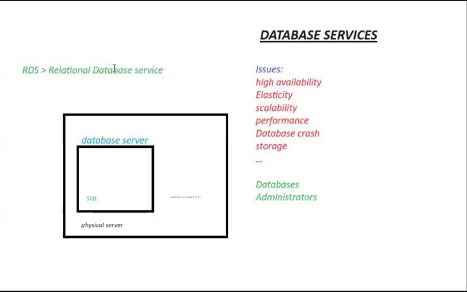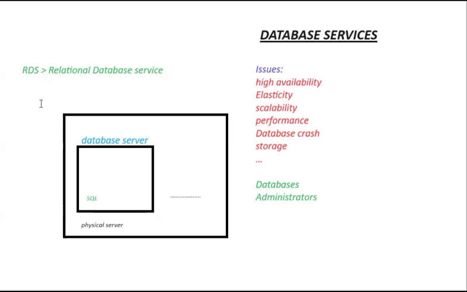So if anybody asks you, is there any relational database service in AWS which provides services for relational databases, then what is your answer? RDS. RDS is the database service provided by AWS where you can manage your relational databases in cloud.